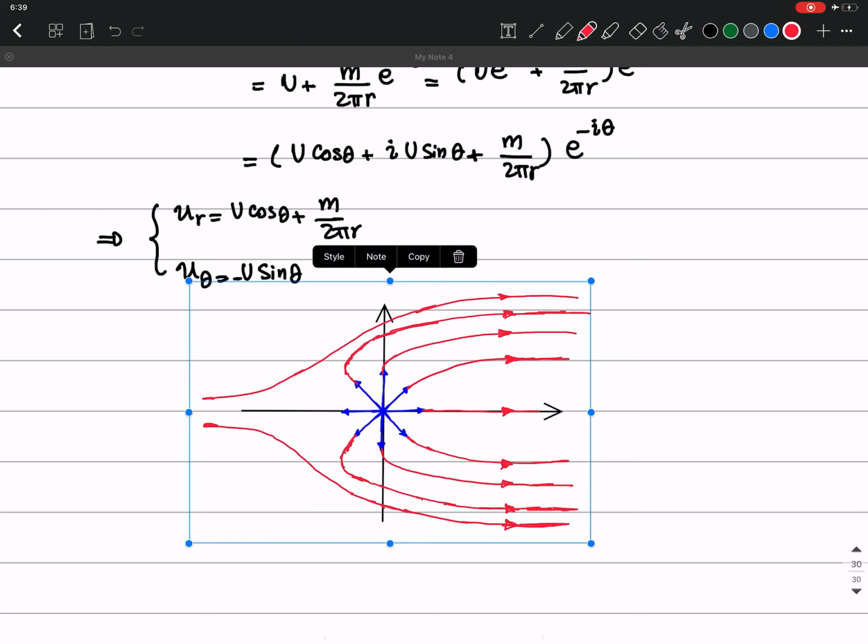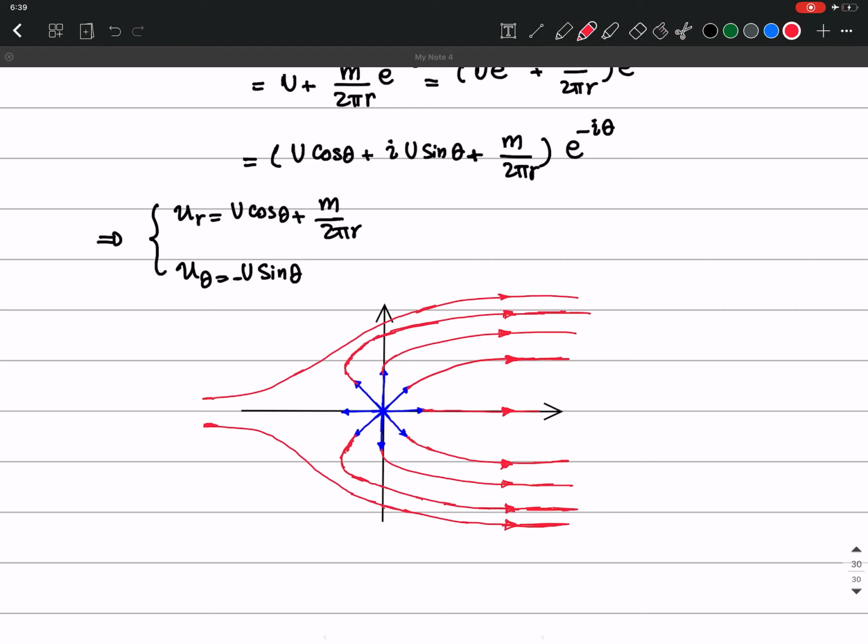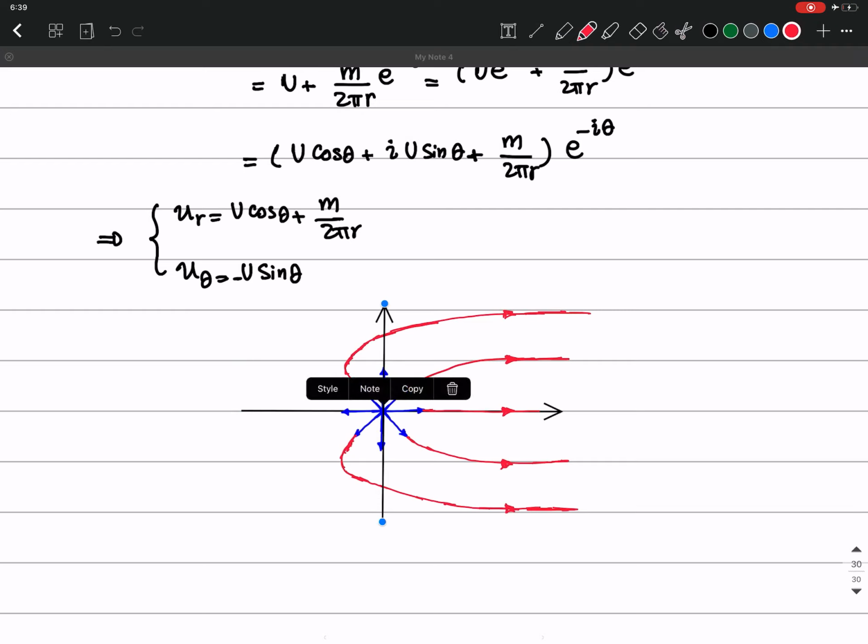And then, let me see if I can do something here. I want to replot something.